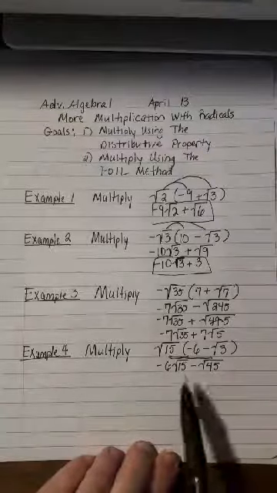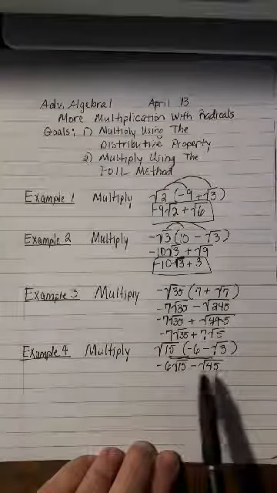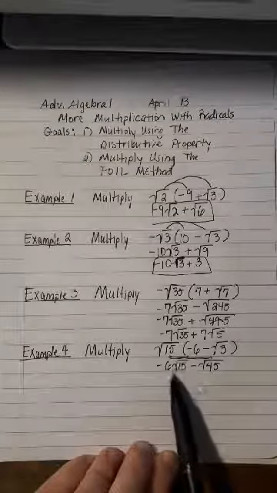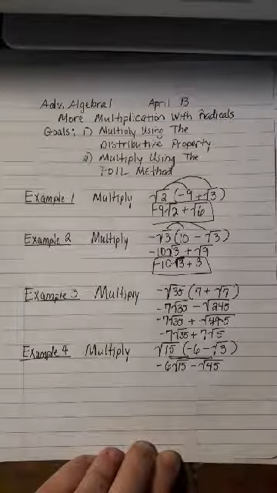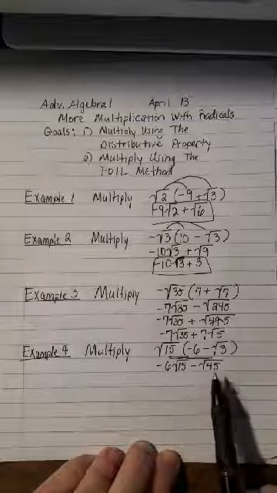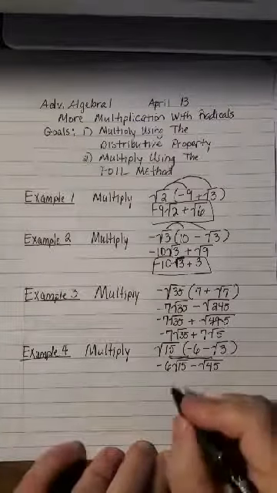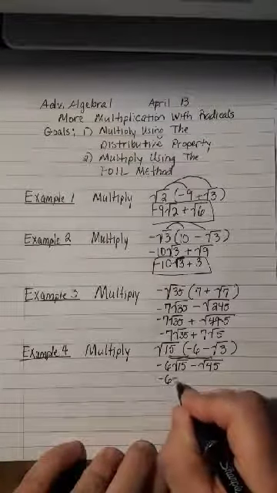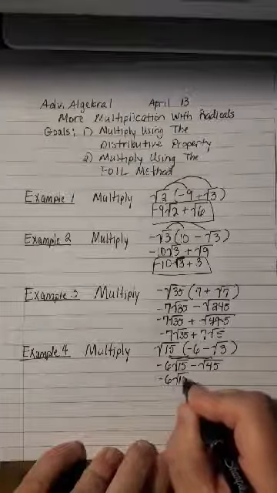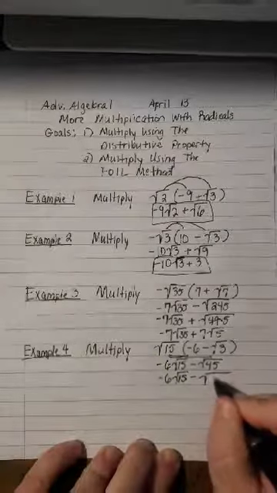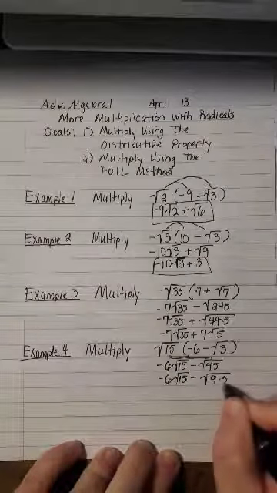Now you need to look at your square roots, see if either one of those can be simplified. 15 cannot, because there is no perfect square factor in 15. 45 can, because there is a perfect square factor in 45. It's 9. So this is negative 6 on the square root of 15 minus the square root of 9 times 5.